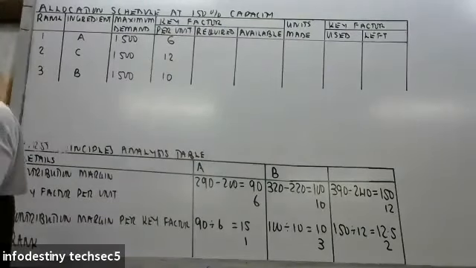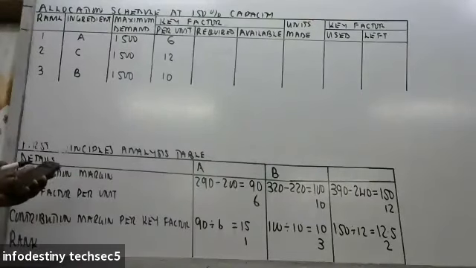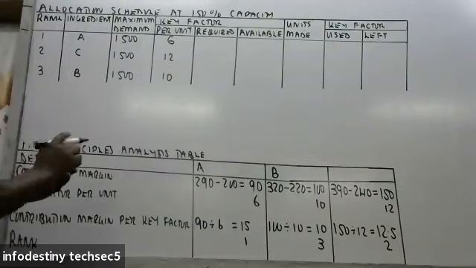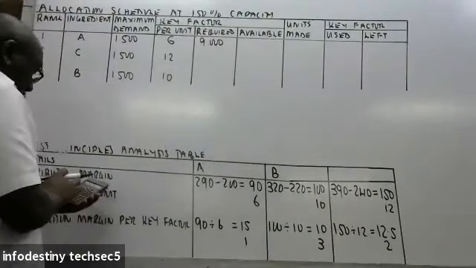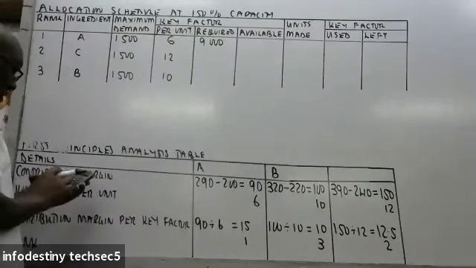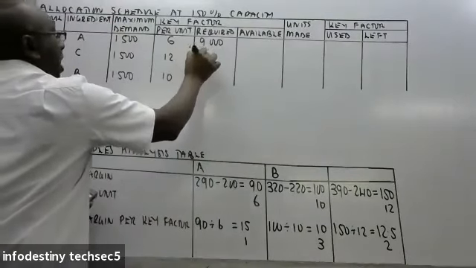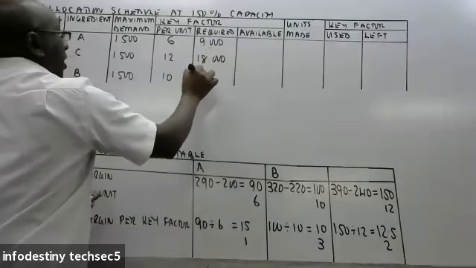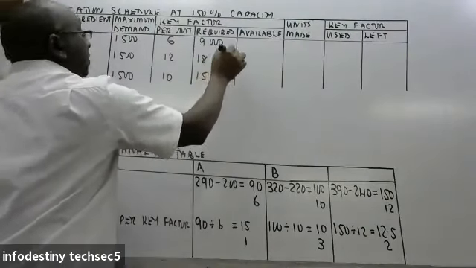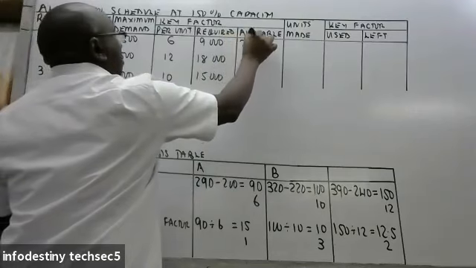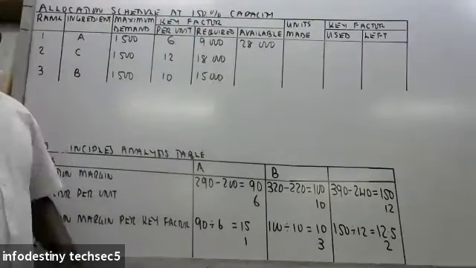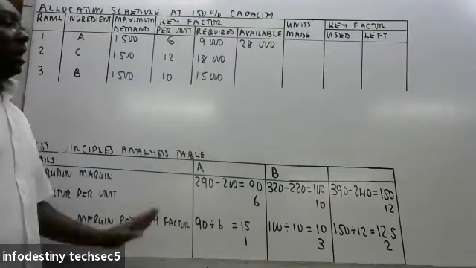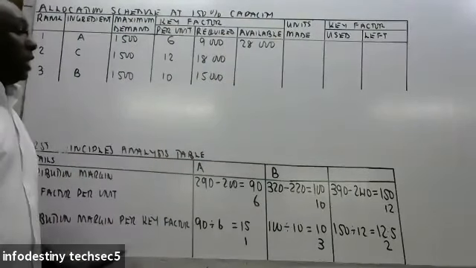And the required, they are the ones we had: 1,500 times 6, this is 9,000. 1,500 times 12, this was 18,000. And this is 15,000. And the available is 28,000. So up to that point, I have not added any value. I've just copied what we already have.